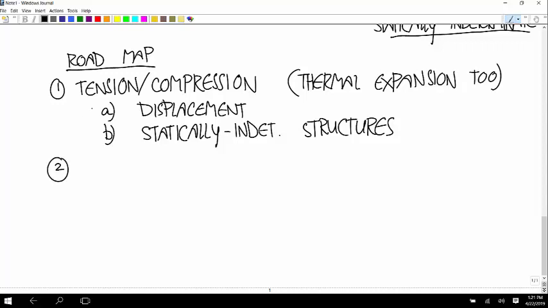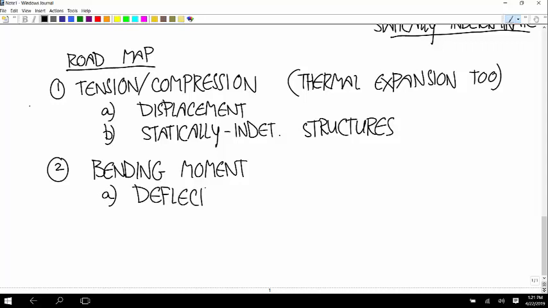Then I'm going to talk about displacement due to bending moment. So we'll talk about deflection. And then we'll do statically indeterminate structures related to that.